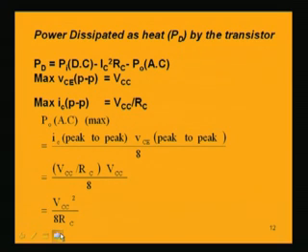But one important aspect we must also consider is how much power is dissipated by the transistor. We are feeding an input power, which is VCC into ICQ, the DC values, and out of this input power we get a portion at the output as AC, which is IC RMS into VCE RMS. Now some portion of the input power is also wasted.